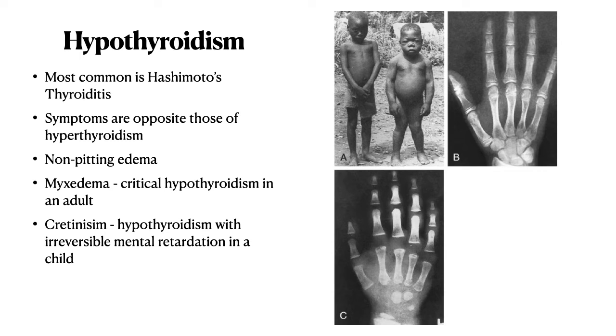And at the same time, they will have irreversible mental retardation. So, this irreversible mental retardation means that for the rest of the life of that child, he or she will not be able to contribute to society and will not live normally because of the mental retardation.